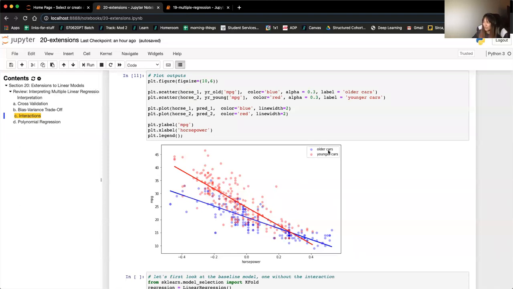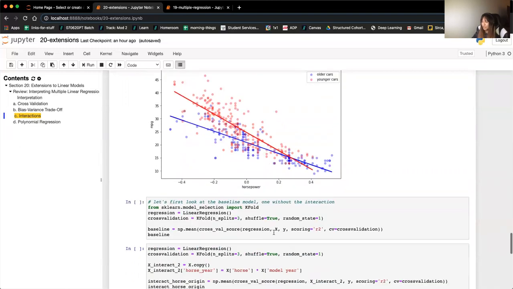And if you're doing older and younger cars with another variable that results in more parallel lines, then there isn't as much of an interactive relationship. It's a little bit hard to interpret, but what I remember is: if the lines intersect, try an interaction.